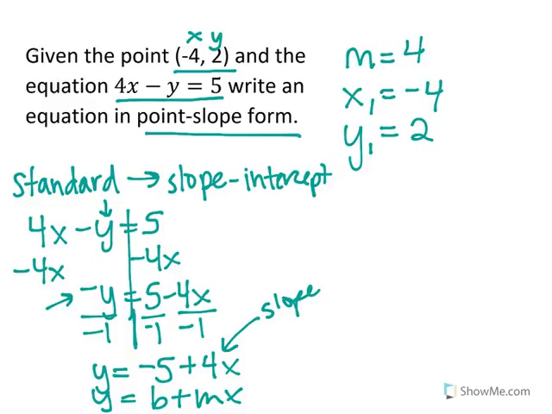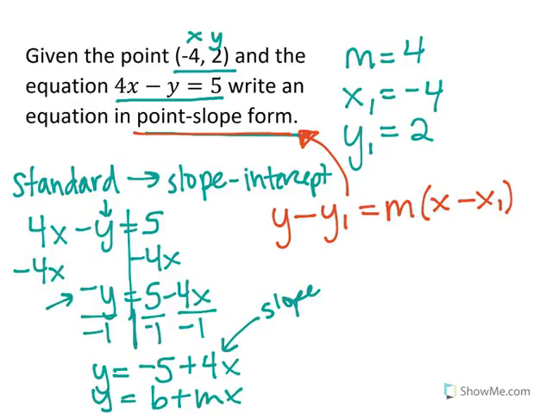With these three values, we can now write our equation in point-slope form using the formula y minus y1 equals m times x minus x1. This is the general form of the equation for point-slope form.